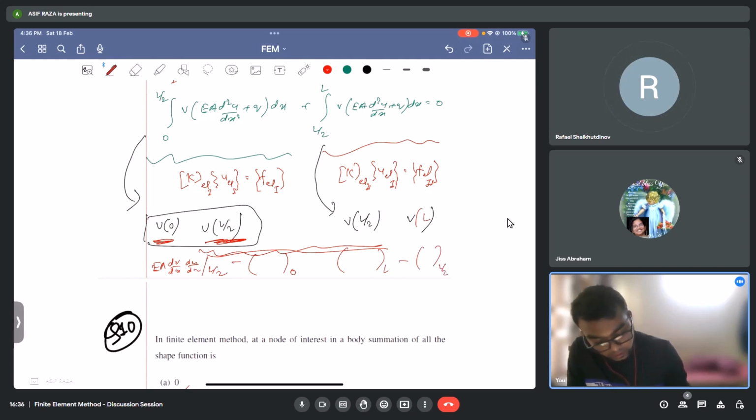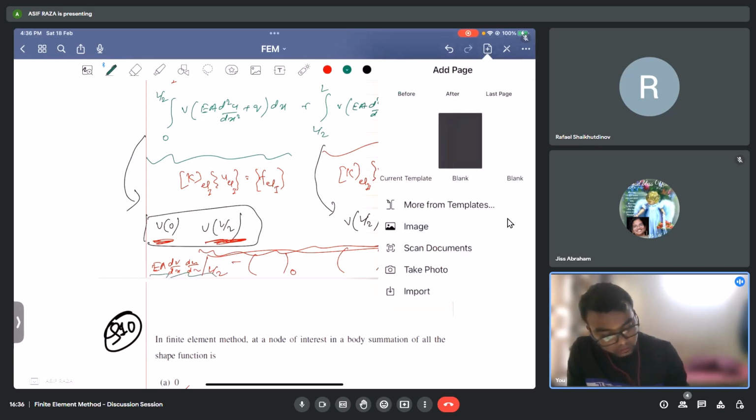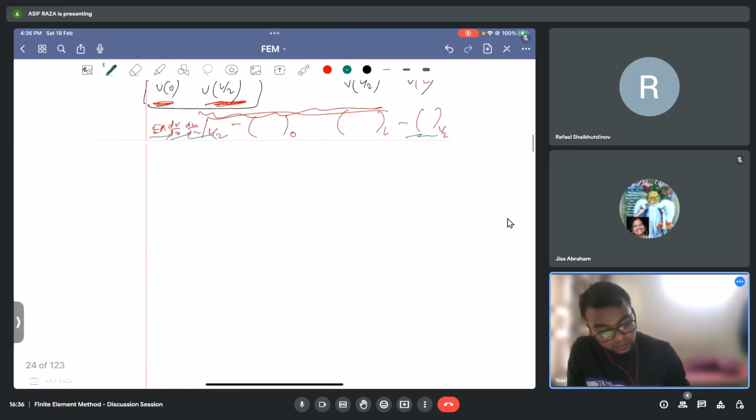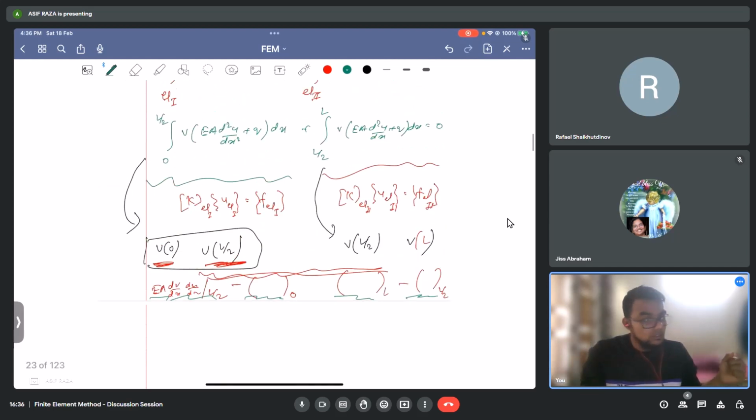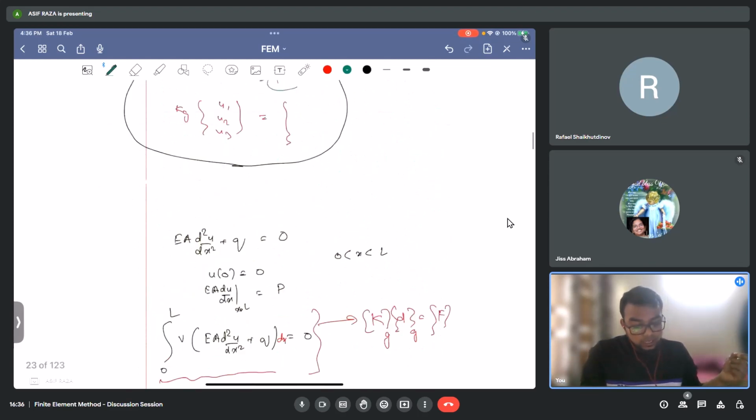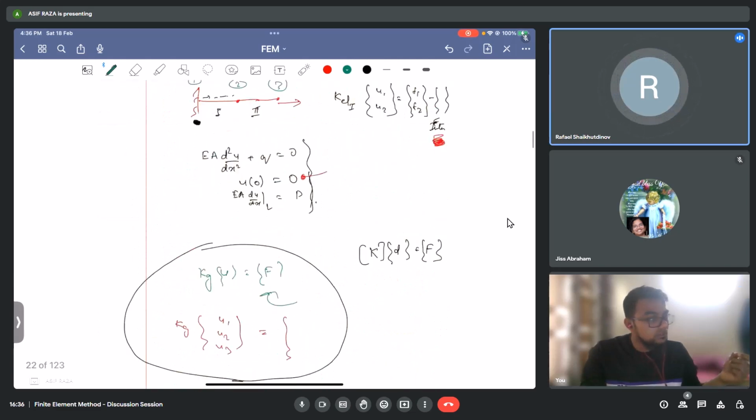So this and this cancel out, and we are left again with the boundary terms pertaining to the boundaries. I hope that gives some insight regarding the internal forces.